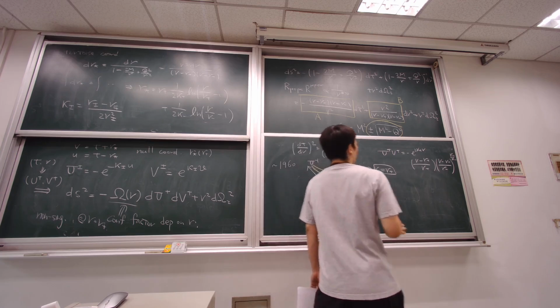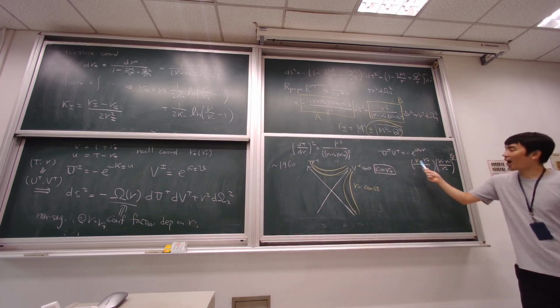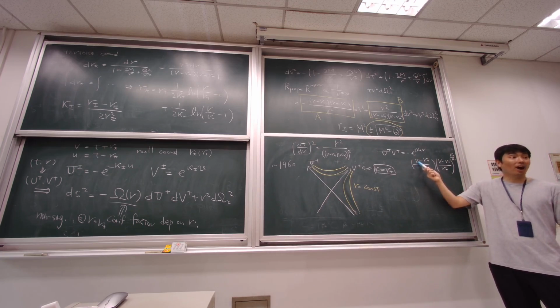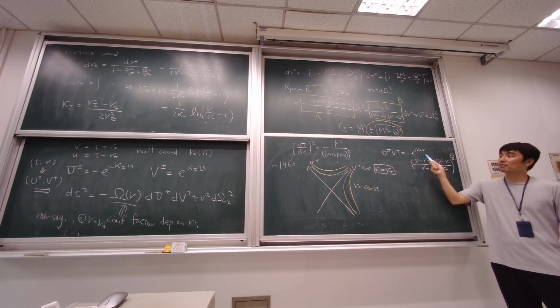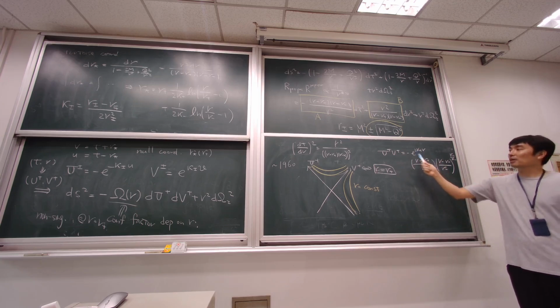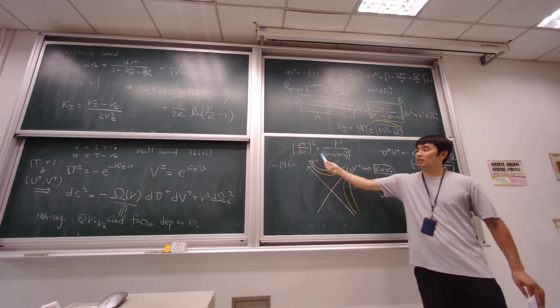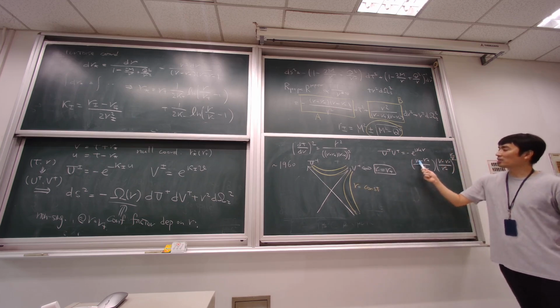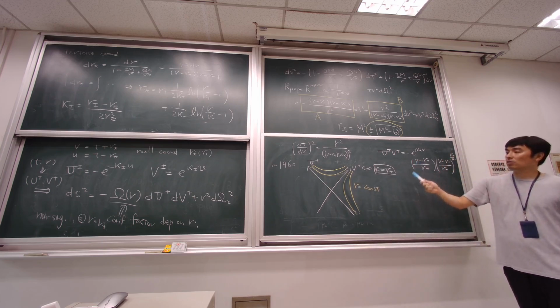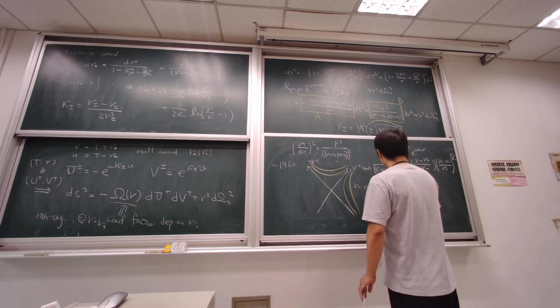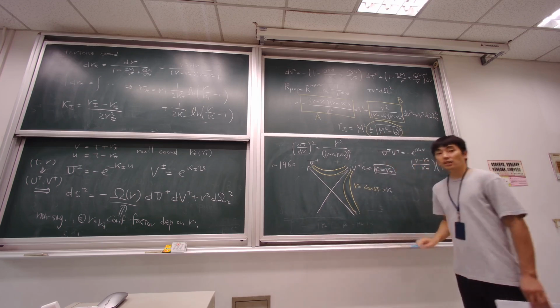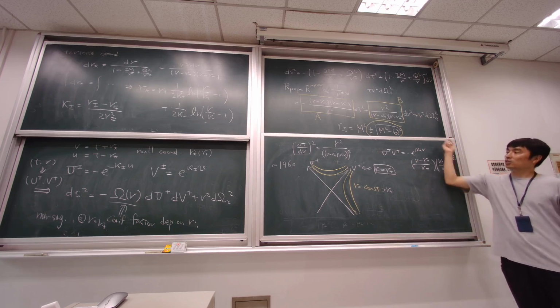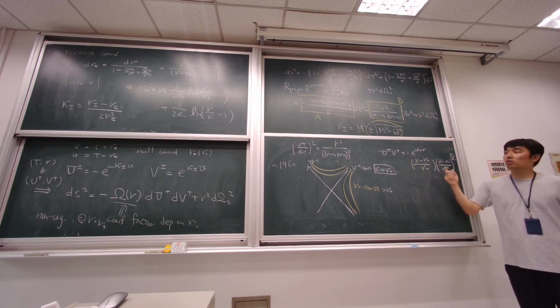This is R constant, but now since R is less than R plus, this quantity becomes negative. And negative times negative is positive, so therefore in this direction. Previously R was greater than R plus, so this quantity was negative because there's a minus sign, and this is positive and positive.